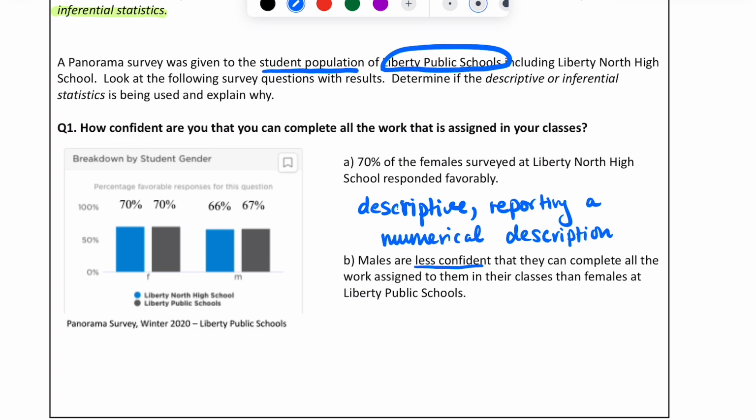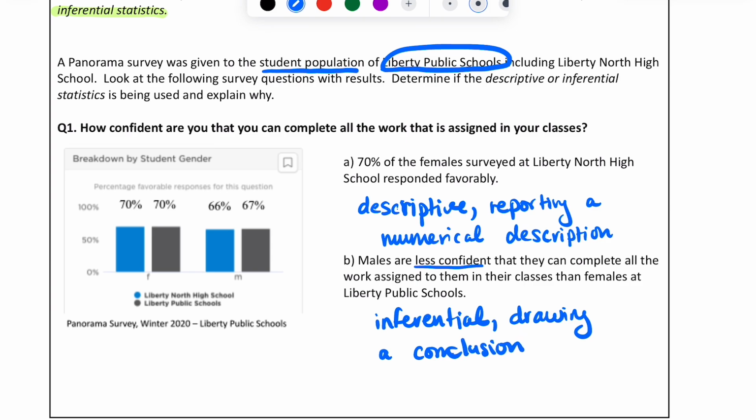Using that language, that means that we are inferring to make that prediction that the males are less confident. So this is going to be inferential, because we are drawing a conclusion about male students based on those statistics given to us.